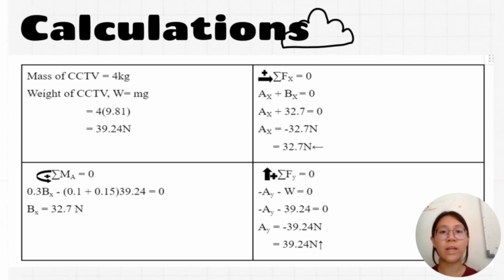Lastly, we calculate AY by using the equation of Fy. So the summation of Fy is equal to 0. Negative AY minus W equals 0. We substitute W, which is 39.24, into the equation and get AY equal to negative 39.24 Newton, which equals 39.24 Newton forced to the outside.